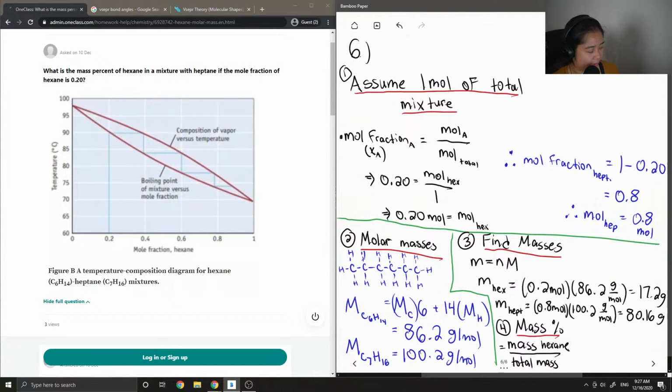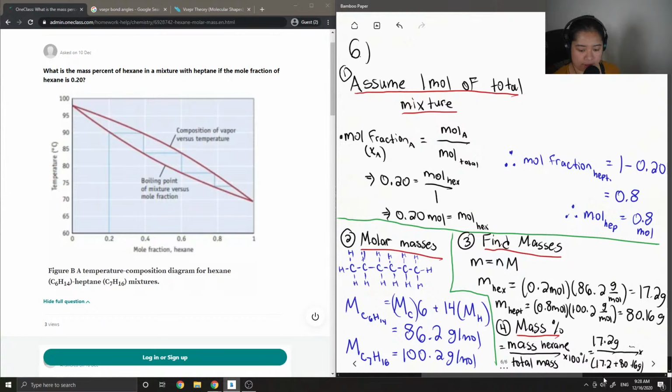I did not leave myself a lot of room, but we know the mass of hexane was 17.2 grams, and the total mass is just the 17.2 plus the 80.16 grams from the heptane.